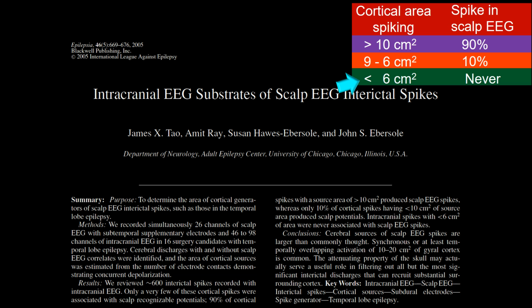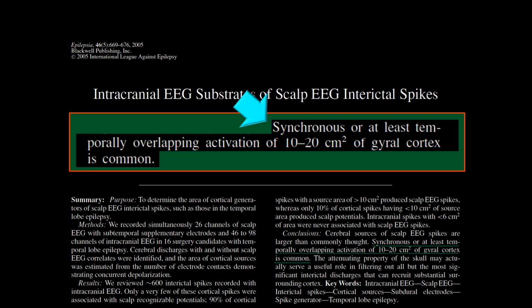When the cortical area was less than 6 square centimeters, spikes were never recorded. The conclusion of this study was that for scalp EEG spikes to be recorded, a large area of cortex must be involved.